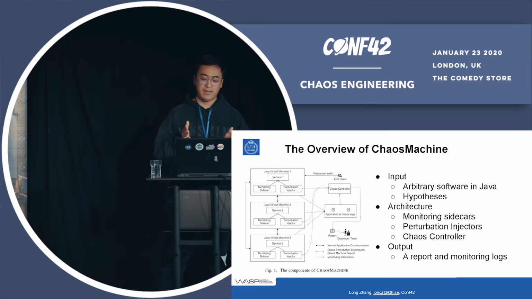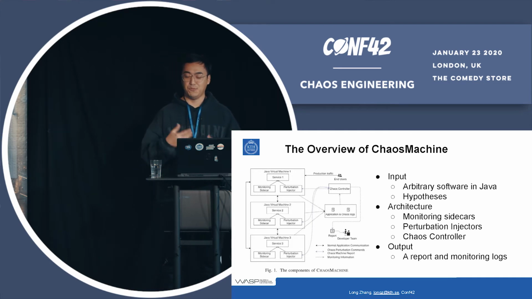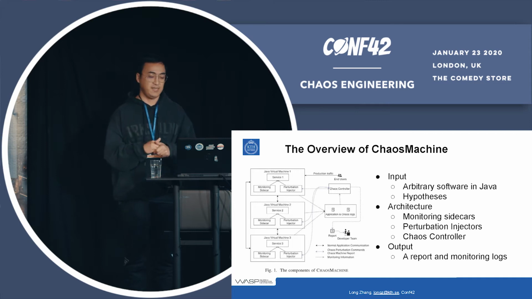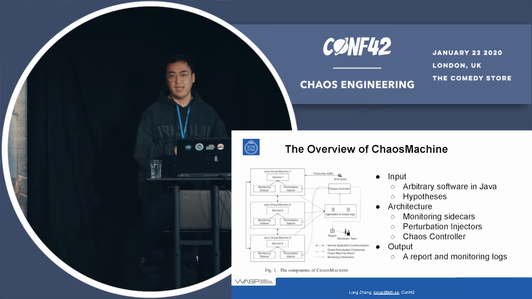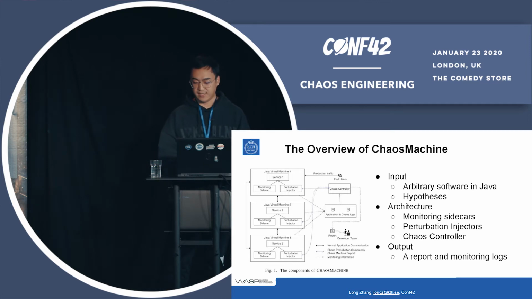And then every perturbator and sidecar is controlled by the chaos controller, which is responsible for doing these chaos experiments. And the input to this chaos machine is something about the arbitrary software and the hypothesis. I will introduce it later.